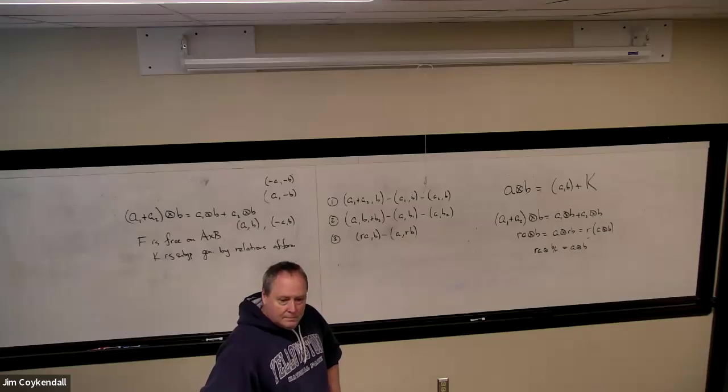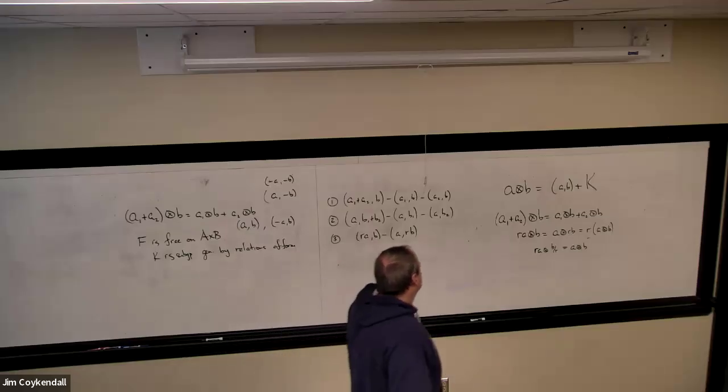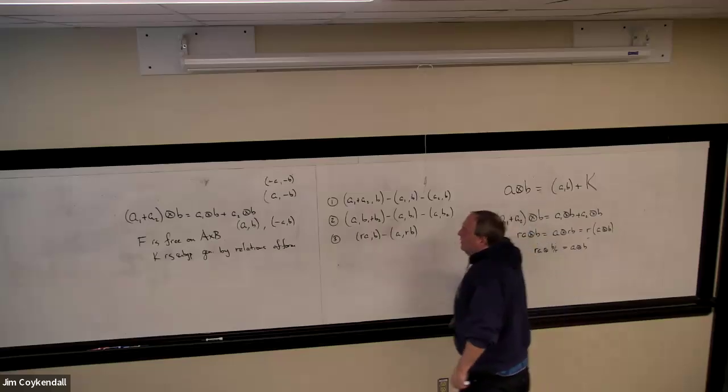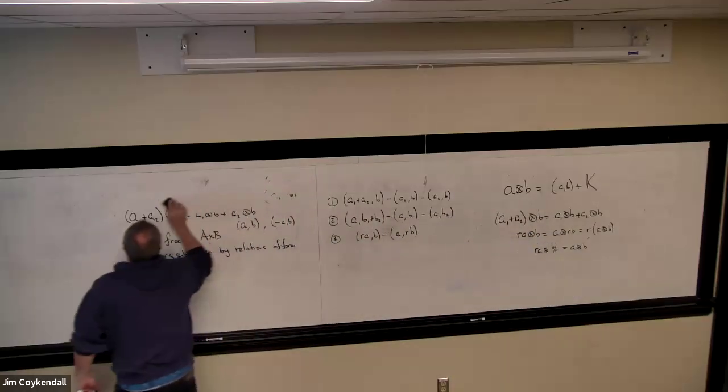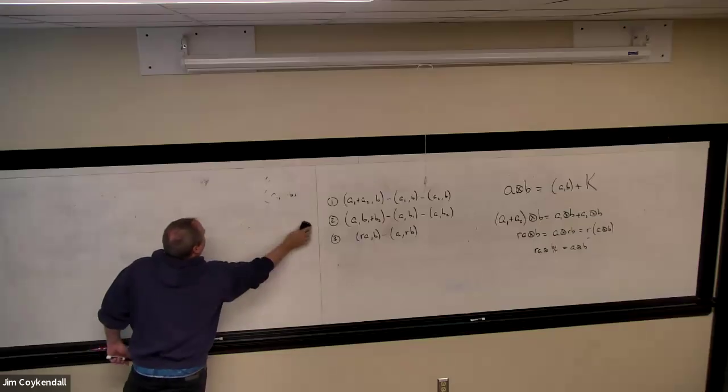If you have A1 comma B1. Oh wait, so A1 is related to B. And then if B equals B1, does that mean A1 plus A2 comma B is related to A comma B1 plus B2? I'm not sure. Let's write this down.